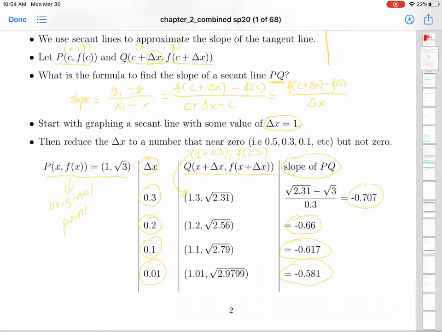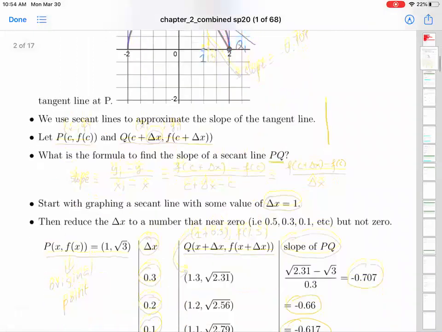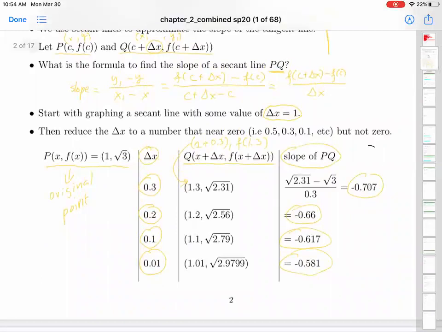You go through a process of finding many slopes as you decrease the distance delta X to estimate the slope of the tangent line at X equals 1. The slope of the tangent line at X equals 1, the one that we just estimated, is the result of calculus. And the process that we use to estimate the slope of the tangent line is called the limit process.